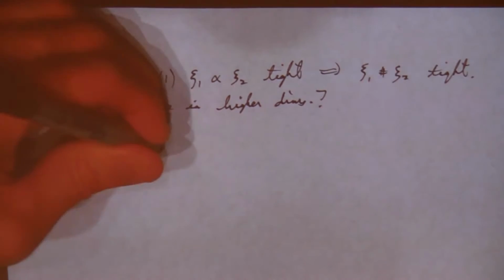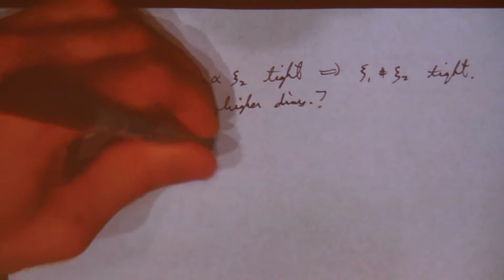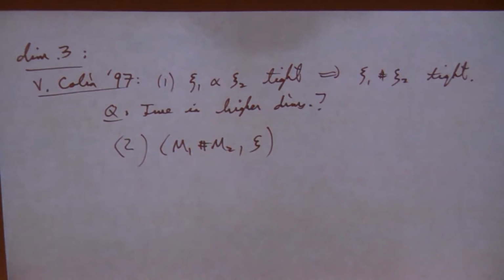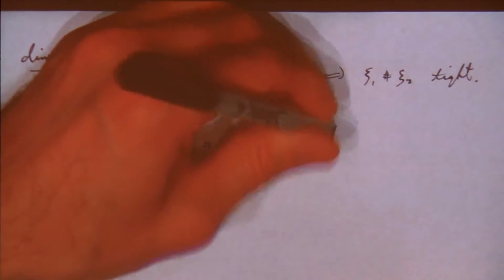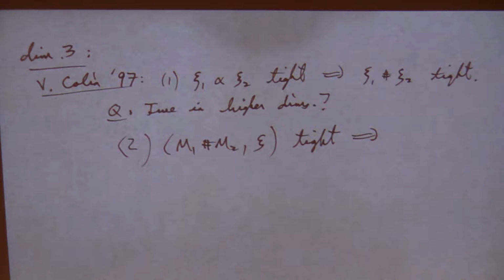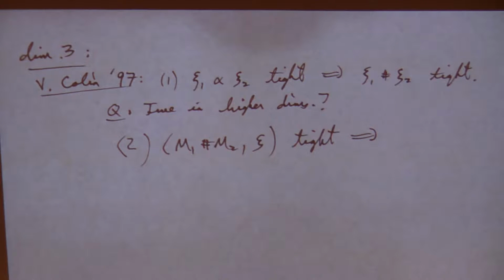But another result is that you can decompose non-prime tight contact manifolds in dimension 3. So if I have a connected sum of M1 and M2 with a tight contact structure psi, then Colin tells you that actually that tight contact structure is obtained from contact structures on M1 and M2 by this process I just described.